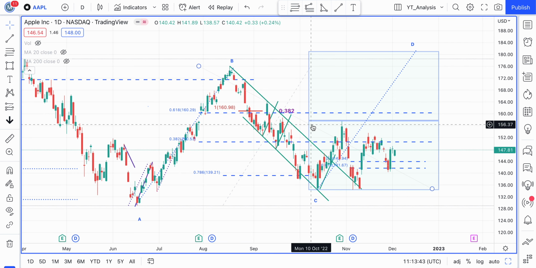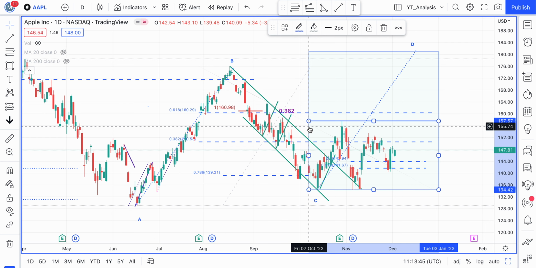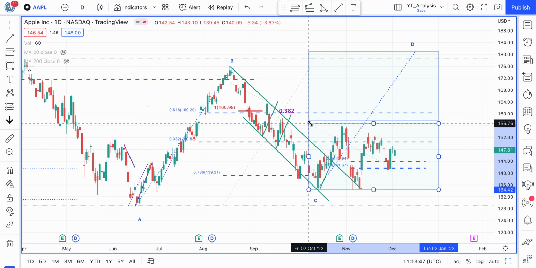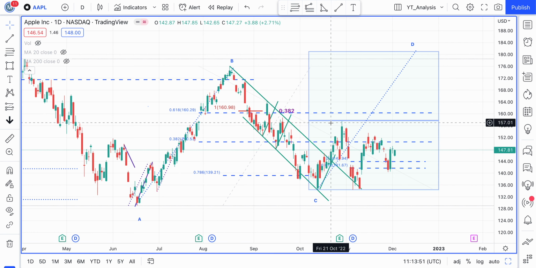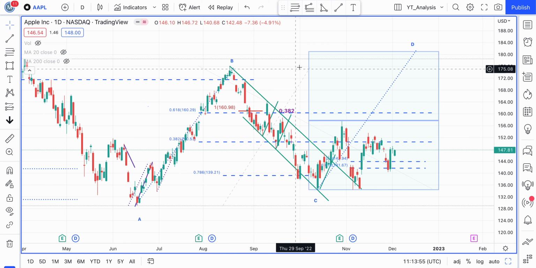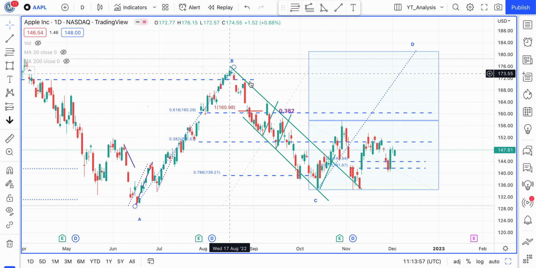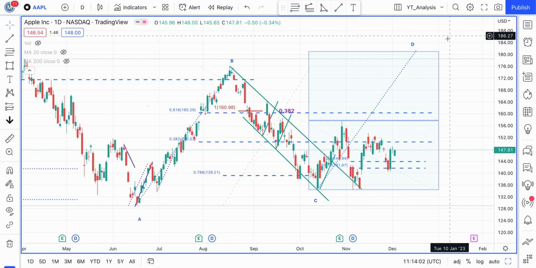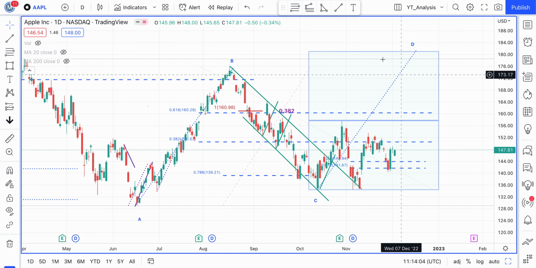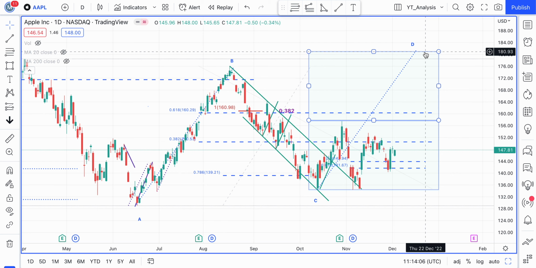So we just draw a box like this from the lower end of the range to the upper range. We copy this and project it from here, and the measured move which we get is going to take us towards $180, taking out this high. And also if we draw this ABCD, which we had a look at on the weekly chart, it is also taking it around this level to 180.